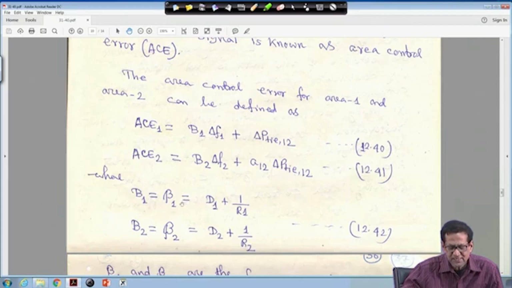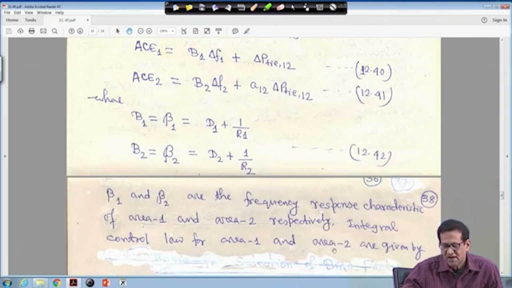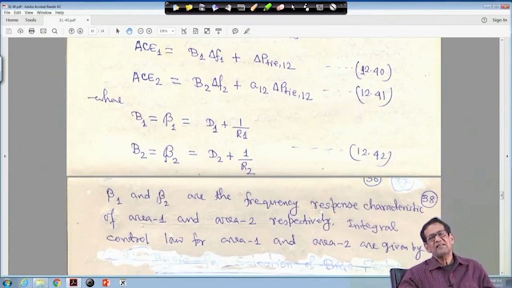B1 is beta 1 equals D1 plus 1 upon R1, and B2 is beta 2 equals D2 plus 1 upon R2. So beta 1 and beta 2 are the area frequency response characteristics of area 1 and 2 respectively.